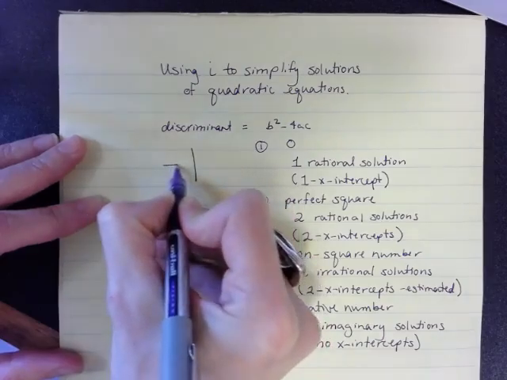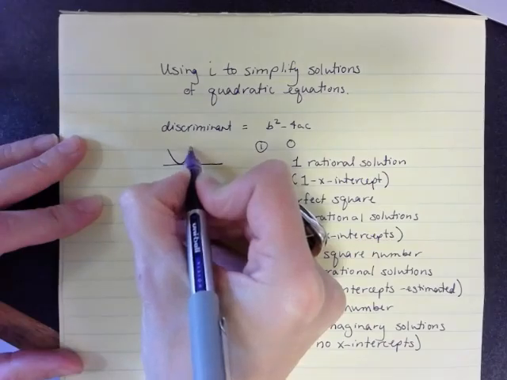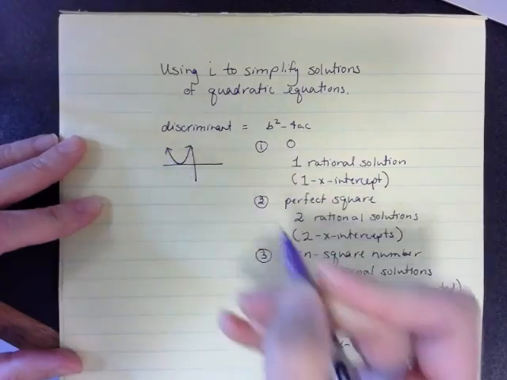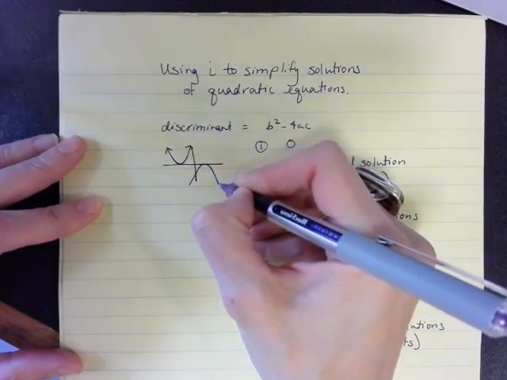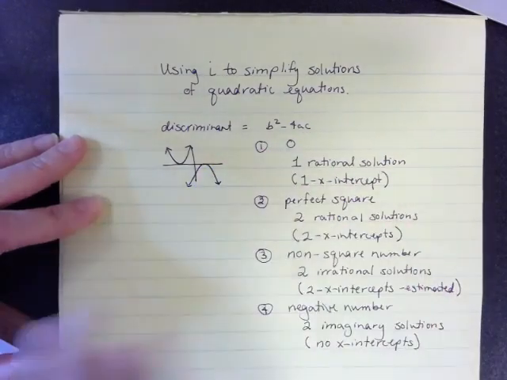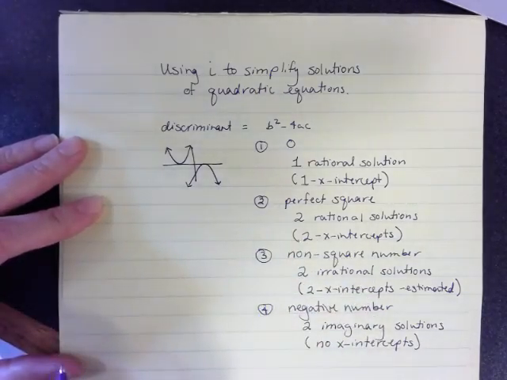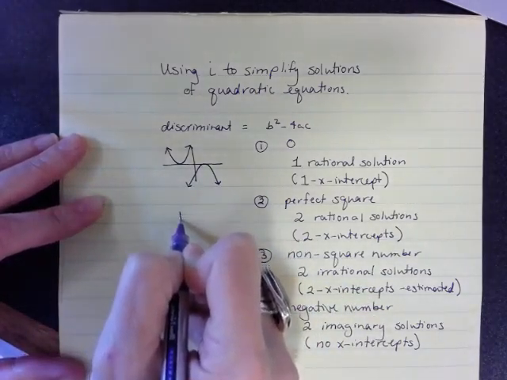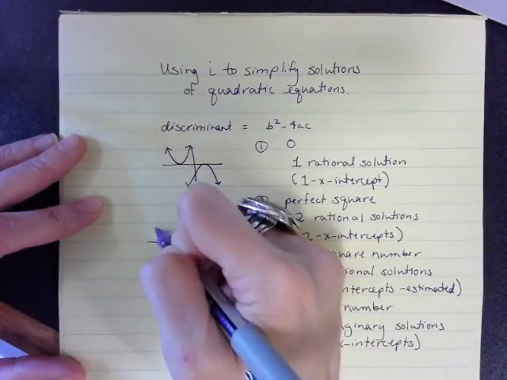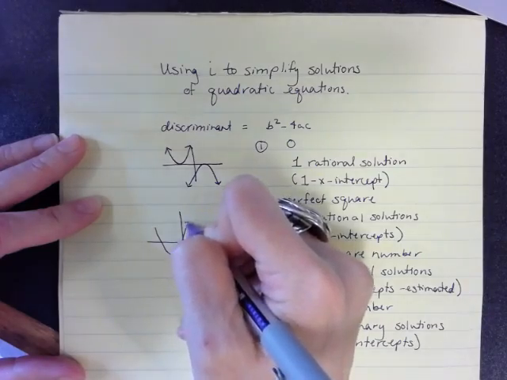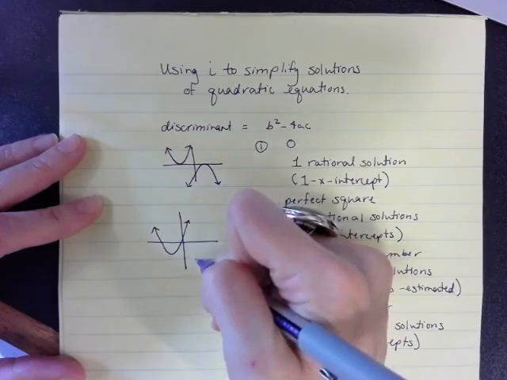If there's one x-intercept, that means the vertex is going to hit the x-axis. That's what that looks like, one x-intercept. A perfect square or non-square number means that the parabola is going to go through the x-axis in two places.